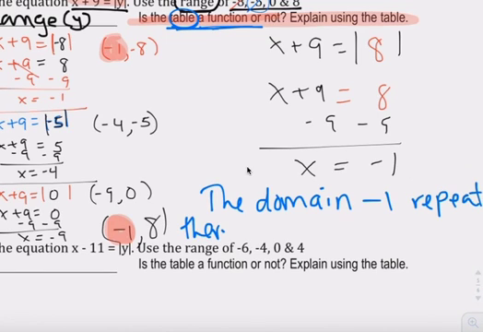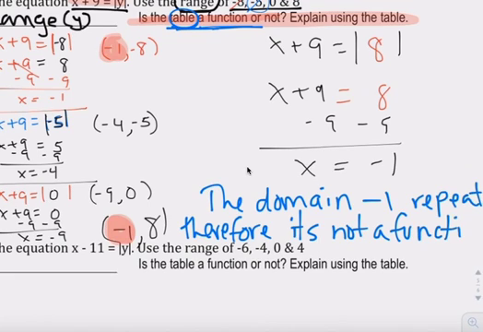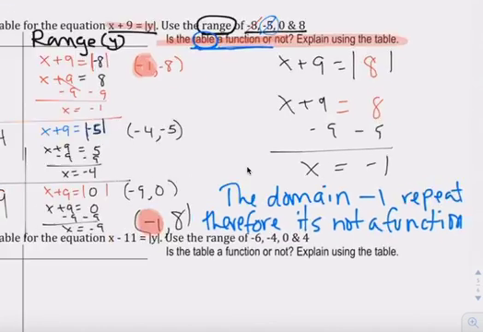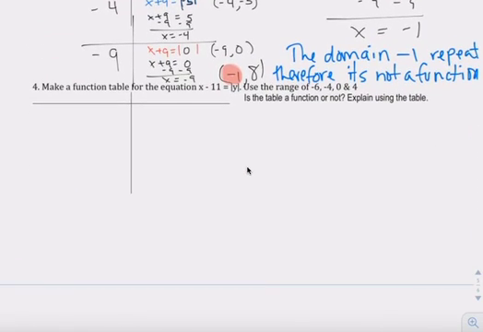Therefore, it's not a function. Okay? Make sure you state that because I will ask you. I want to see if you know the difference between when you use the word domain and when you use the vertical line test.